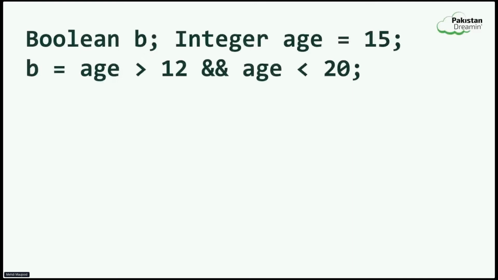And then we say b equal to age is greater than 12 and age is less than 20. So essentially, this is checking if the age is the age of a teenager, right? If it's greater than 12 and less than 20, that means it's somewhere between 13 and 19. So I'm going to show you how to hand trace this code.